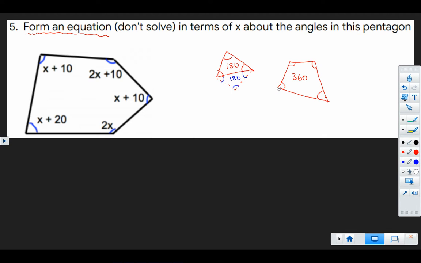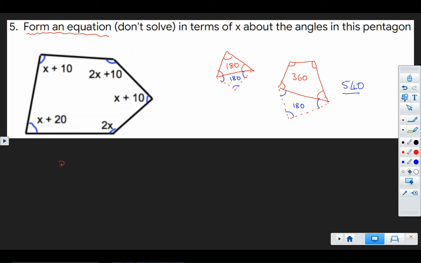Now likewise, I can do the same thing with my quadrilateral and turn it into a pentagon. So we can see that the angles in a pentagon sum to 540 degrees.